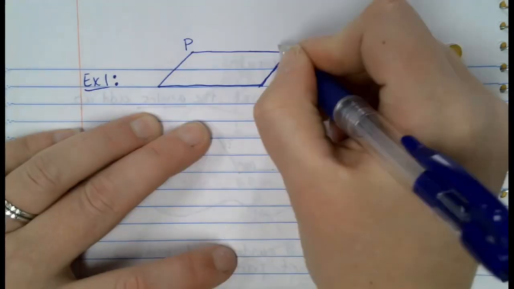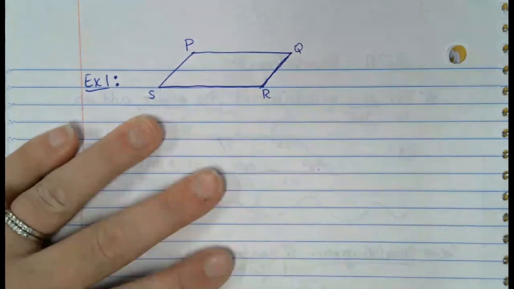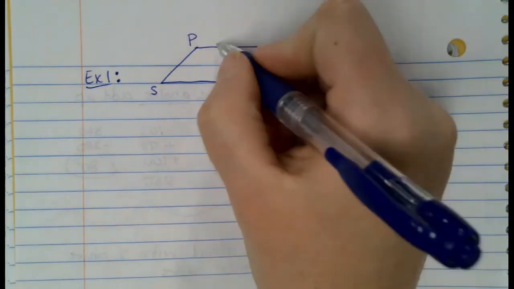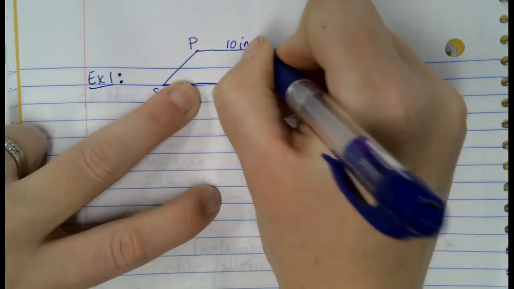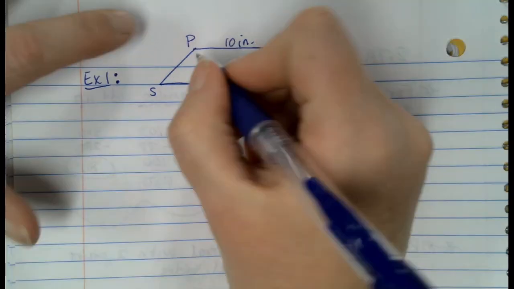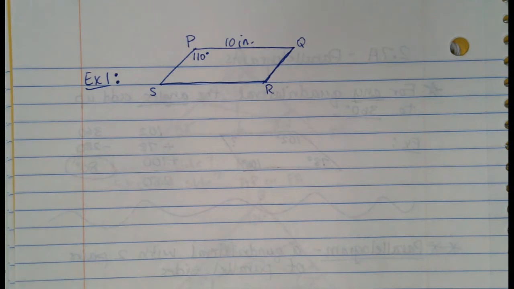I'm going to give it letters P, Q, R, and S. And let's say this side over here is 10 inches. And this angle is 110 degrees. And we're going to find some of the missing stuff, okay?